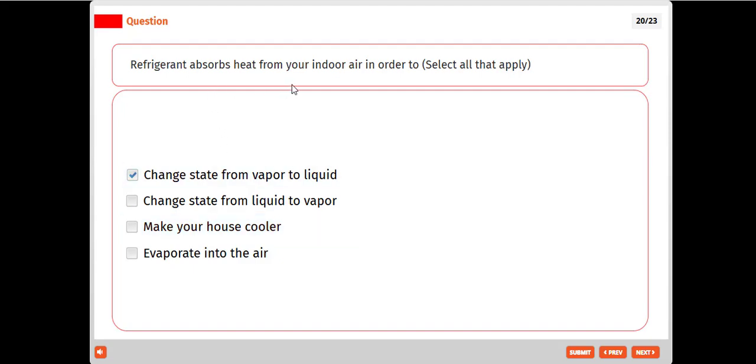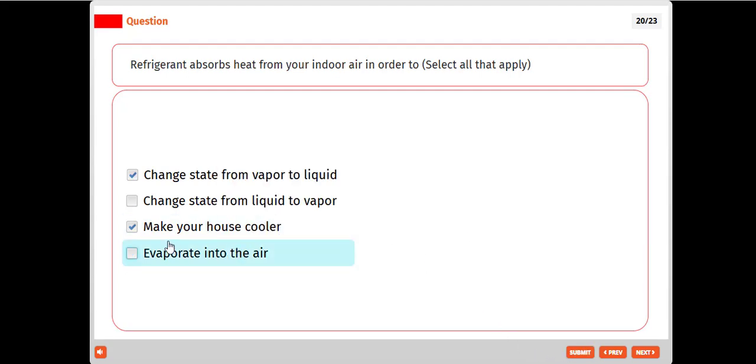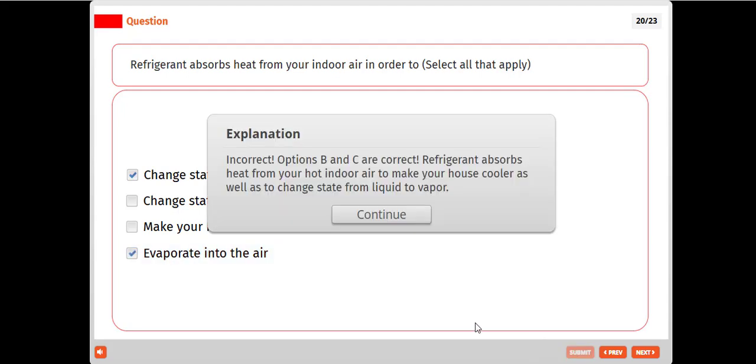Okay, absorbs heat from your indoor air, so it will make it cooler. Evaporate it into the air is incorrect. B and C are correct.